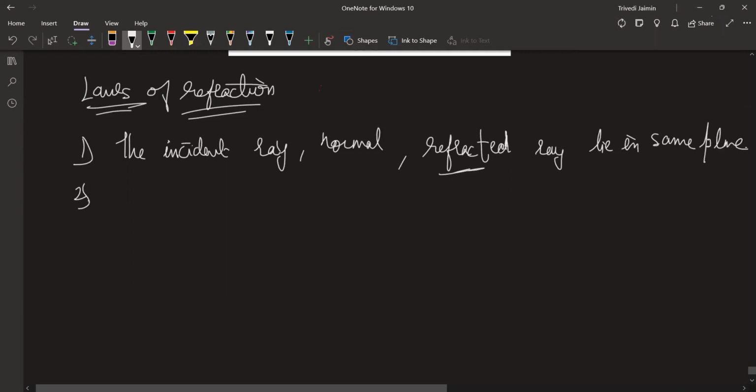Sine of angle of incidence by sine of angle of refraction is equal to a constant. Yeah, it is a constant, that is refractive index.